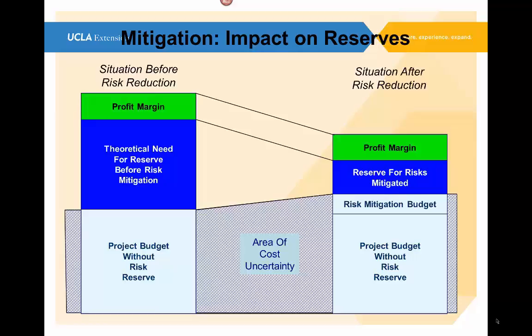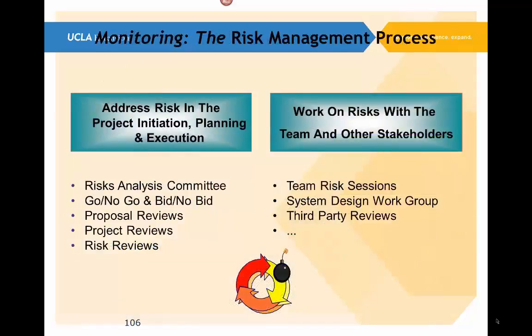And then we have our reserve for the risks that have been mitigated. And then on top of that is our profit margin. And then the total amount of these four elements constitutes the total price or total cost for our project.